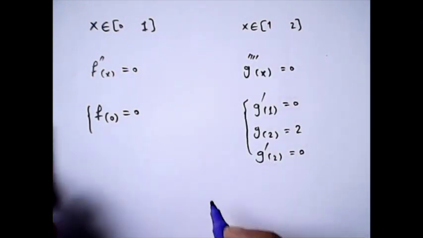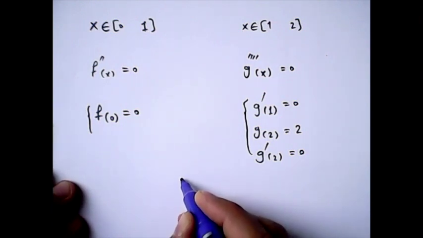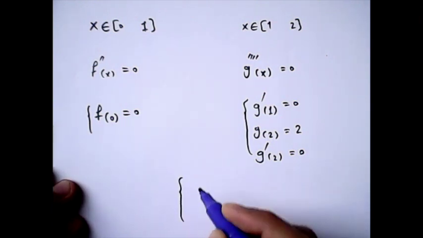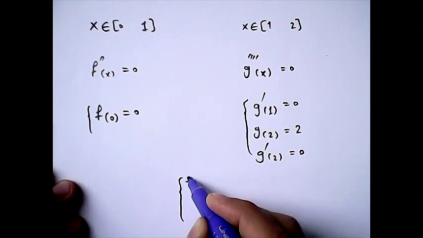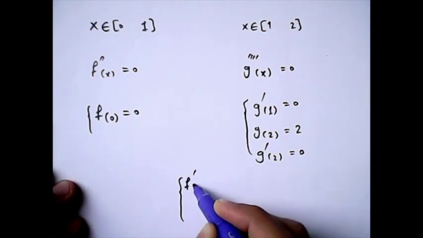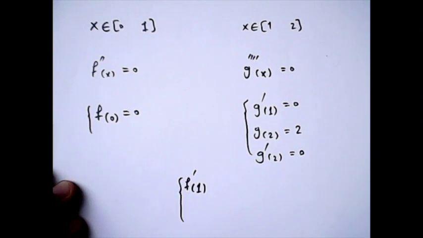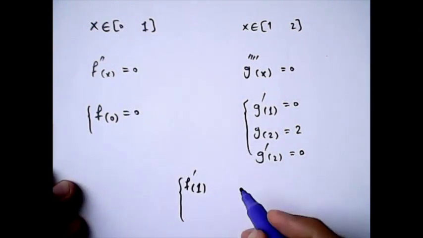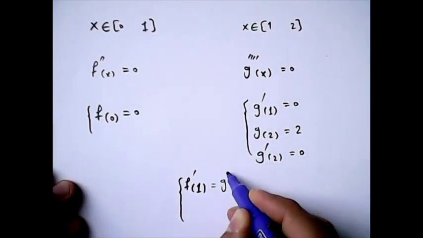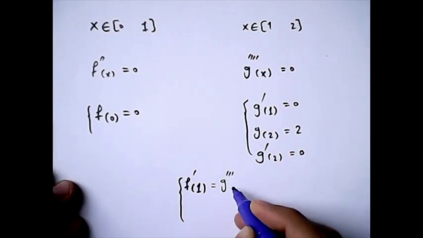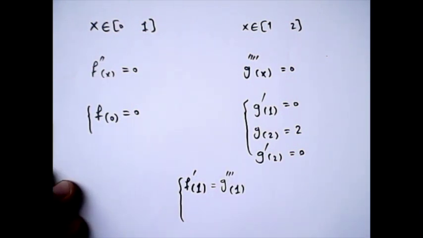Let's define that relationship. I would say that the first derivative of f at 1 is equal to the third derivative of g at 1. That's one. There is another thing. I would say that f at 1 is simply equal to g at 1. The values are the same.